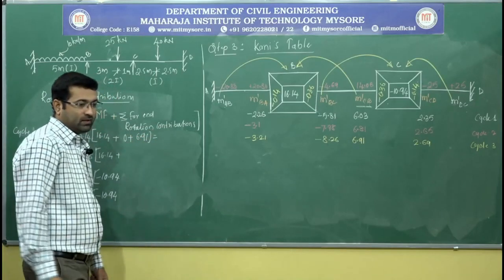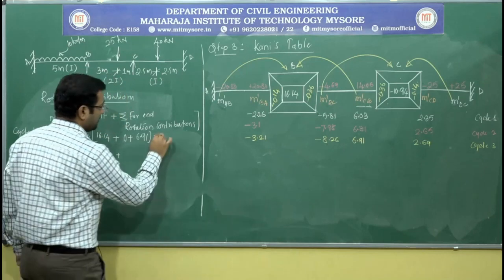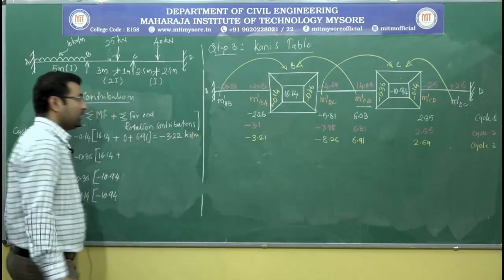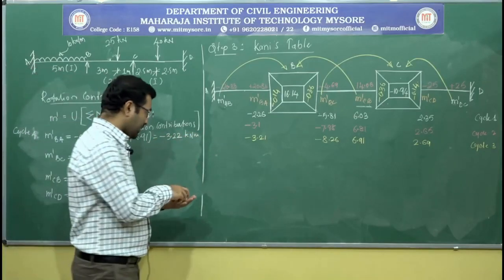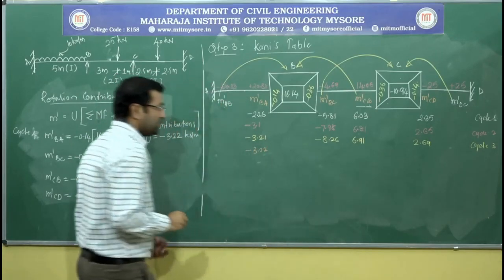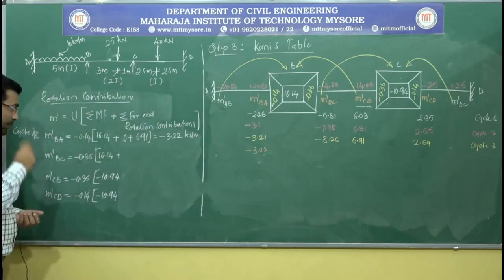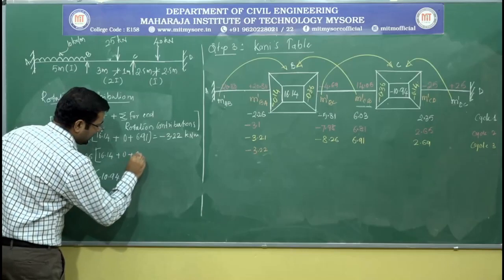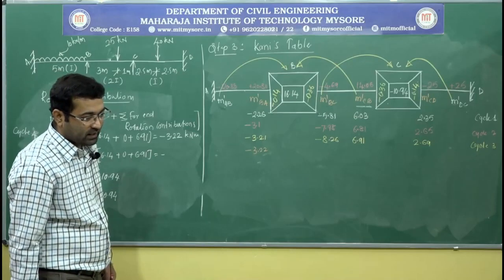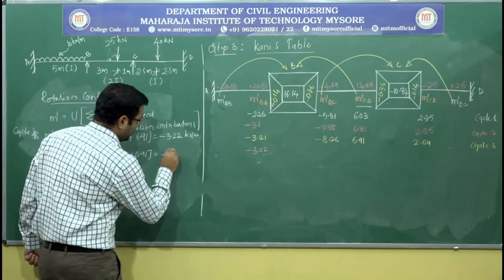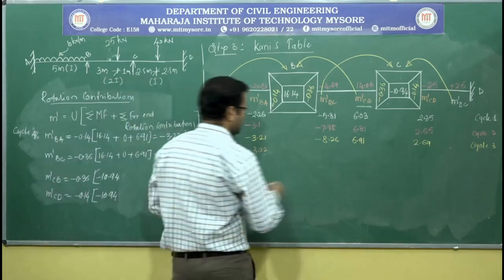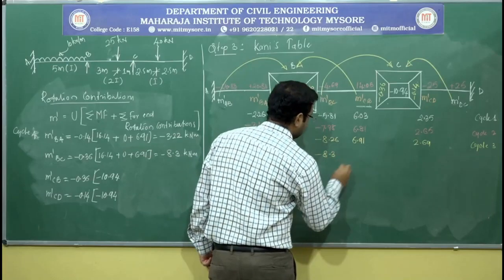That gives you a value of minus 3.22 kilonewton meter. Now you can see the variation has reduced, minus 3.22, very close. This is also 0 plus 6.91, that gives you minus 8.3 kilonewton meter. So it is minus 8.30.